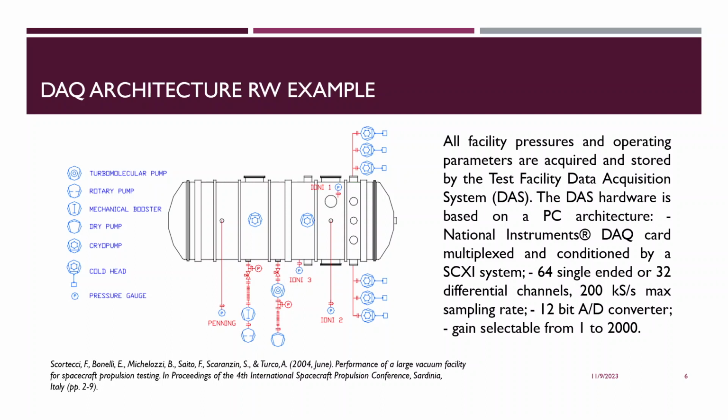It has quite a few channels, a nice sampling rate, and a 12-bit analog to digital converter. From an architecture perspective, I'm just illustrating how DAQs go all the way from big stuff to smaller stuff.